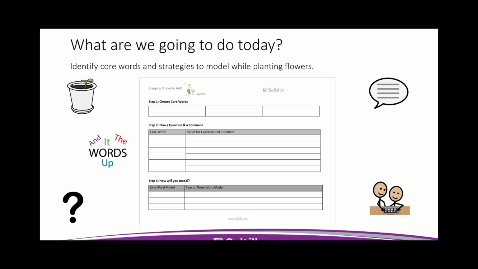And then step 3, how will you model? Just thinking about bringing it all together, how are you going to model either that 1-word phrase or that 2- or 3-word phrase based on where your AAC user is at? This is in your materials. Download this, print it off, make copies. You can share it with families, coworkers, teachers, whomever you are working with, to reproduce and help you think through how to model AAC for various activities.